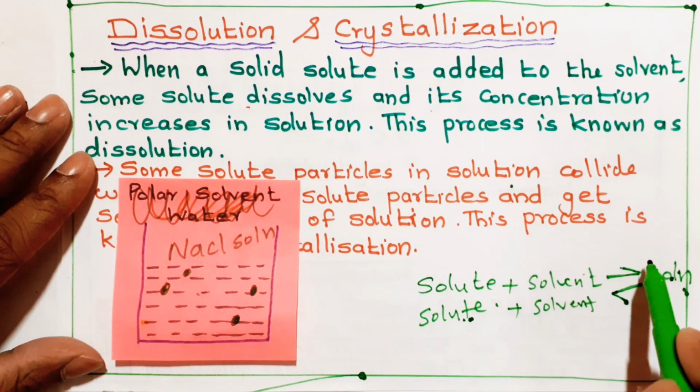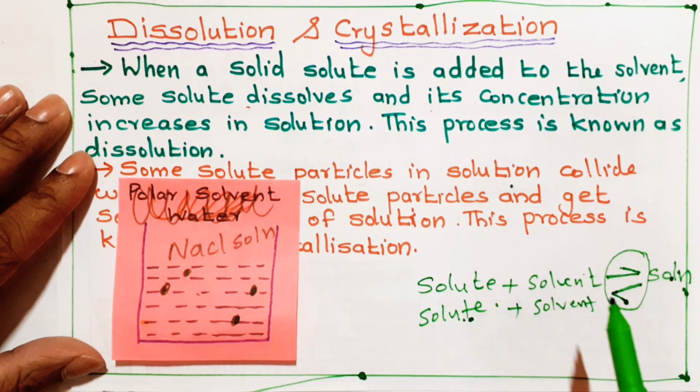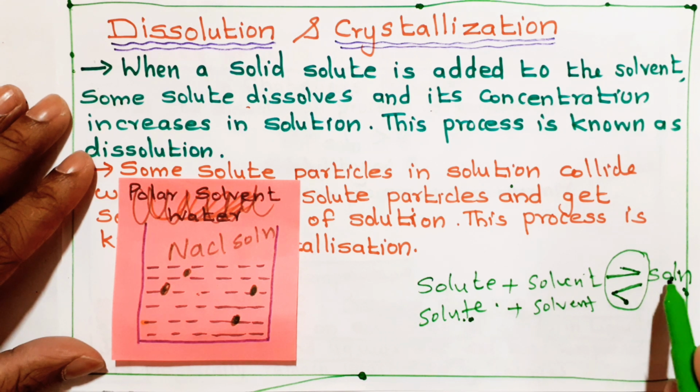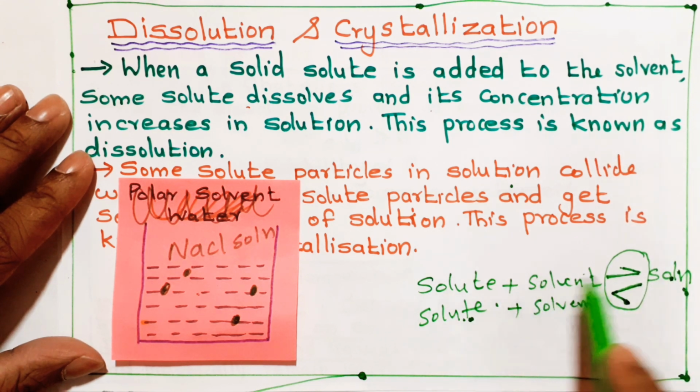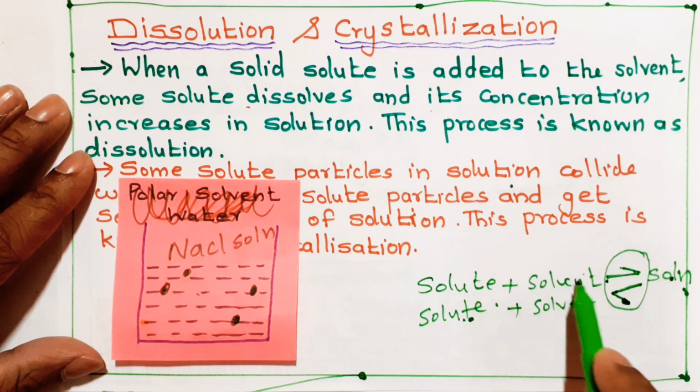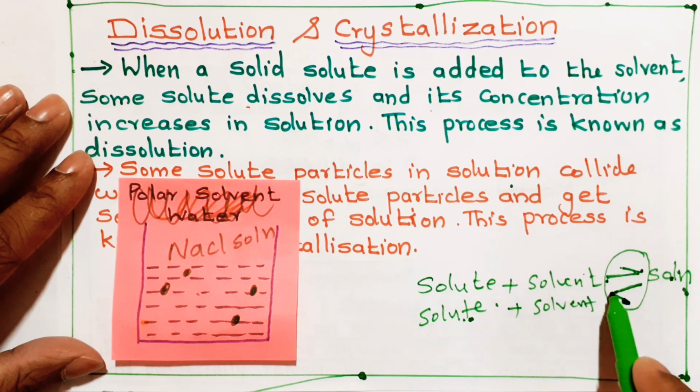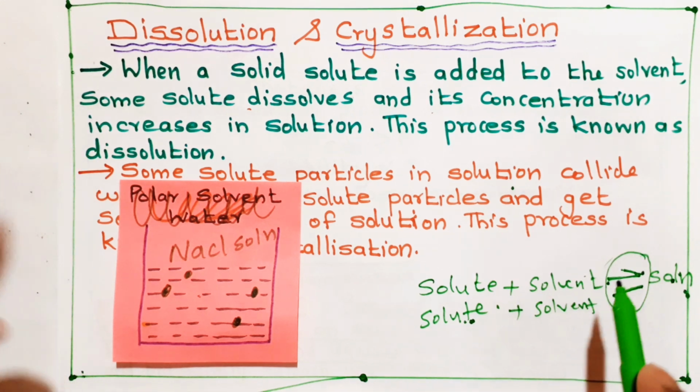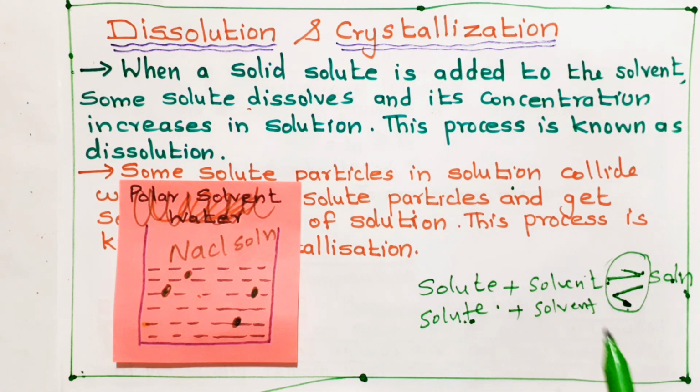These arrow marks are called an equilibrium reaction, and here a reversible reaction is taking place. This arrow mark is called the forward reaction, and this arrow mark is called the backward reaction. As in this reaction we have forward as well as backward reaction, we can call this entire process a reversible reaction.